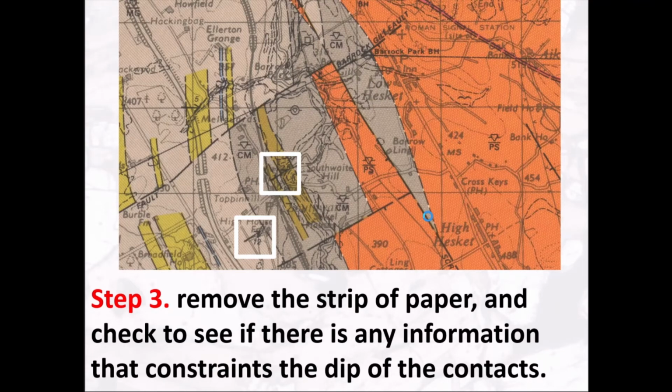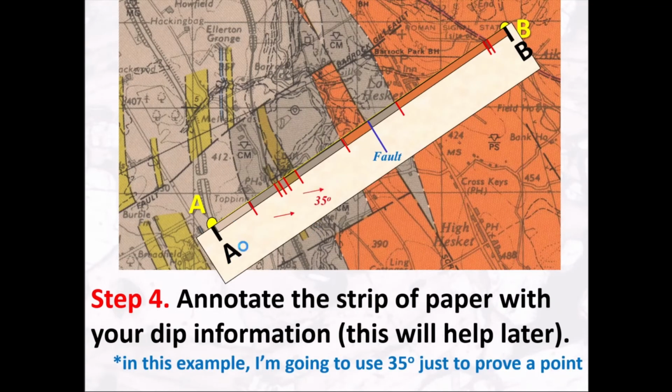Okay, and I can see that I've got this fairly consistent dip, or there's another dip angle there that's in the vicinity of my cross section. But in this example, and only in this example, I'm just going to ignore that and use 35 degrees just to prove a point.